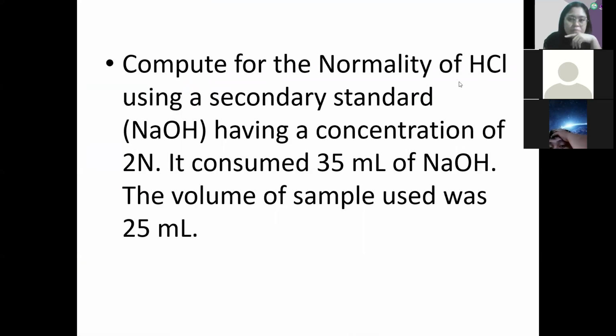Any piece of paper. And then we will have a quiz next week. Si Dimetri, yung ating quiz. Let's separate the quiz for alkalimetry since I am not yet done.